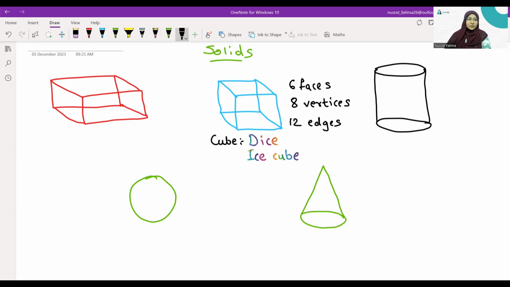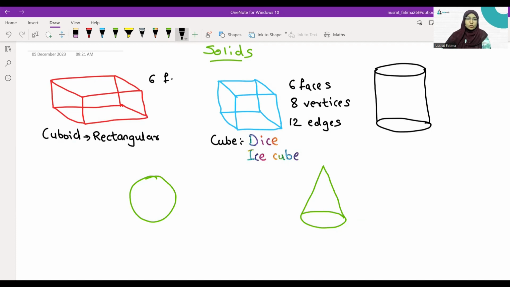Now this shape is called as a cuboid. And as cube has square faces, a cuboid has faces which are rectangular in shape. Now, how many faces, vertices, and edges does a cuboid have? So it's similar to a cube.